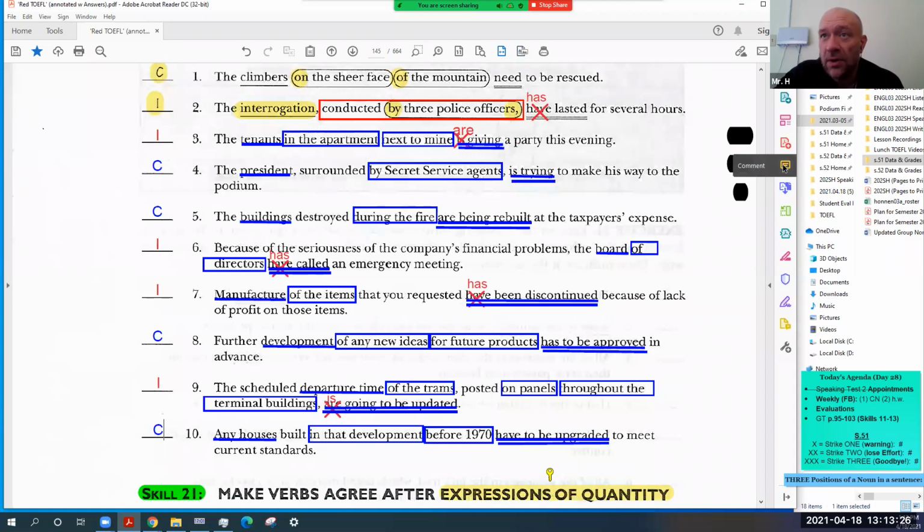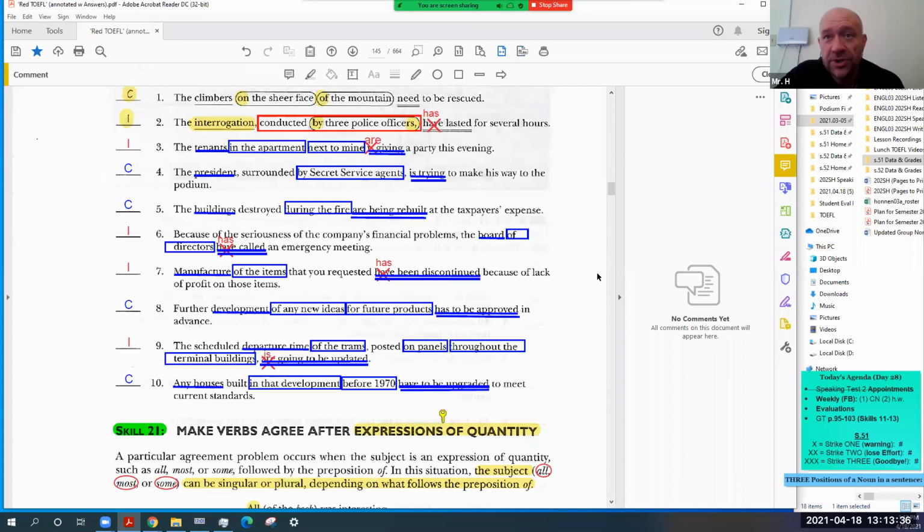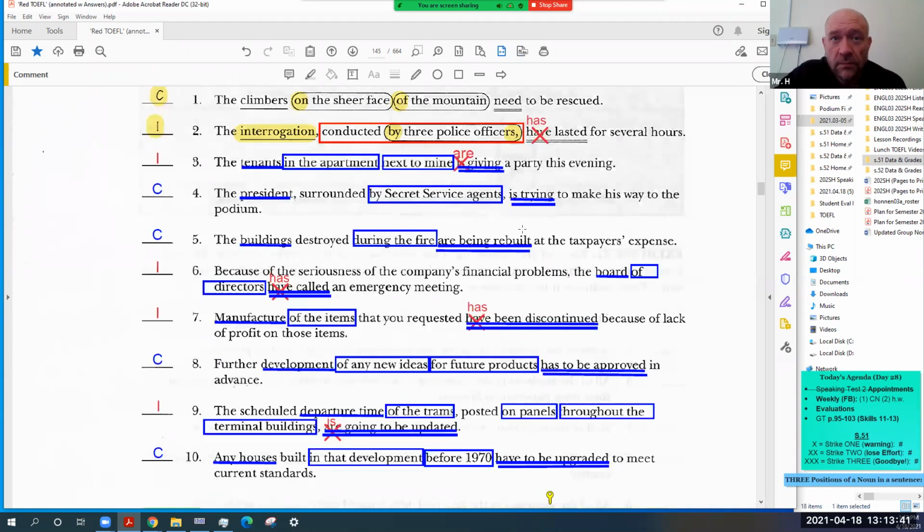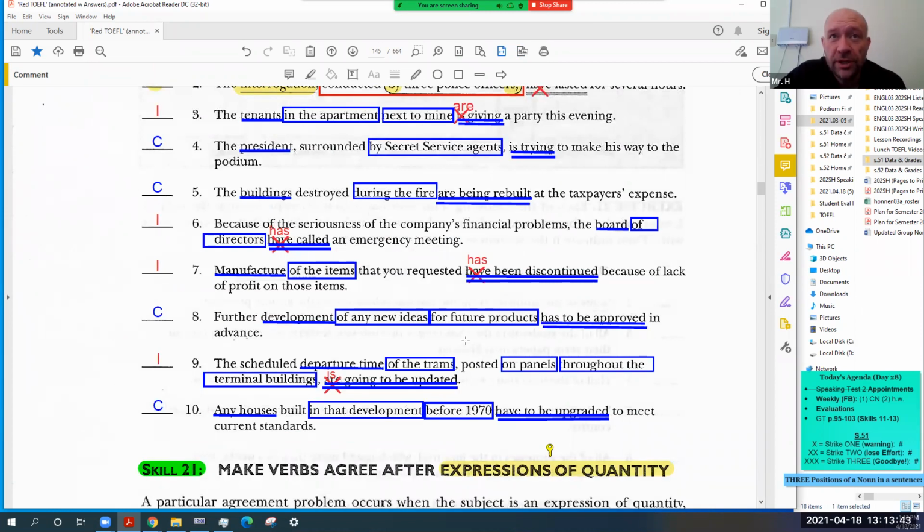I'm going to add a red box for the reduced adjective clause: posted on panels, all the way from here to terminal buildings.